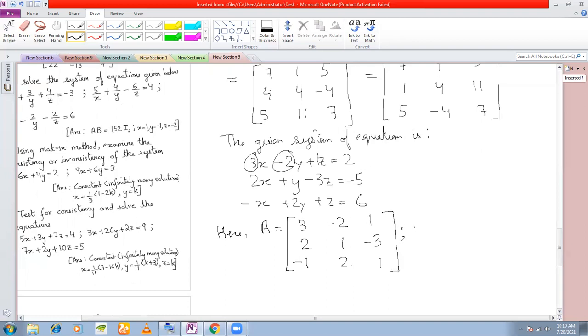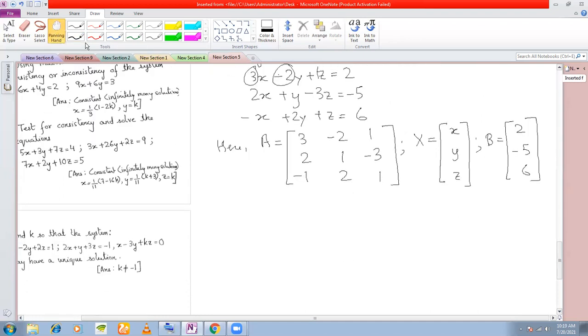Next we form the matrix X, which is a column matrix. This time we have three variables, so X, Y, and Z. And we form the matrix B, formed by the right hand constants 2, minus 5, 6.